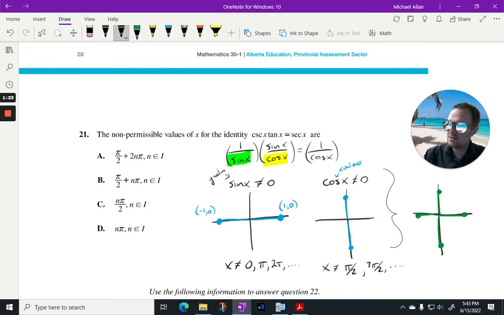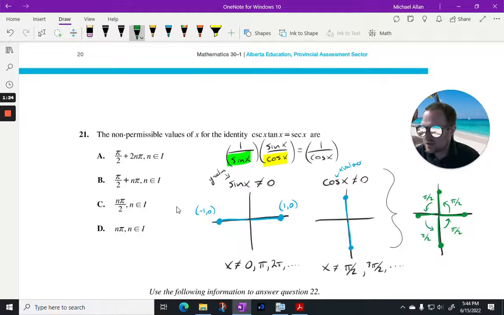So I can see there's a common difference of pi over 2 all the way around. Before it was pi, pi, pi. So I'm looking for the one that has the pi over 2n in it. The only one that actually has the pi over 2n in it is this one here. So there's my answer. Yeah, looking pretty good.